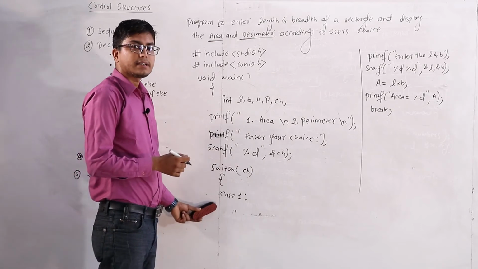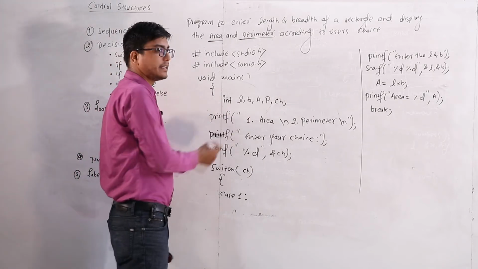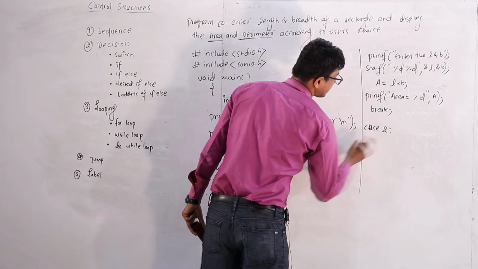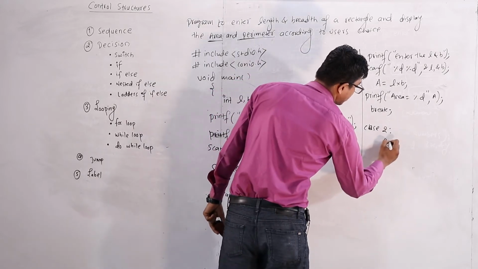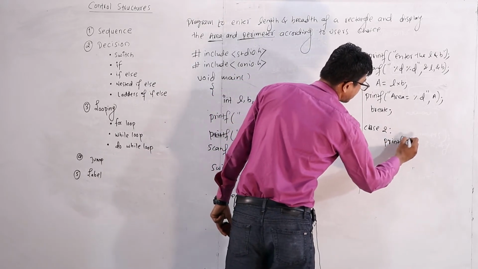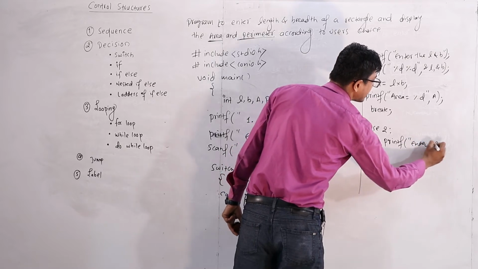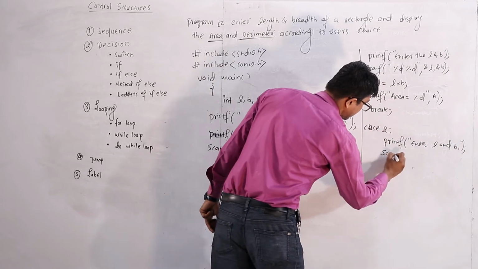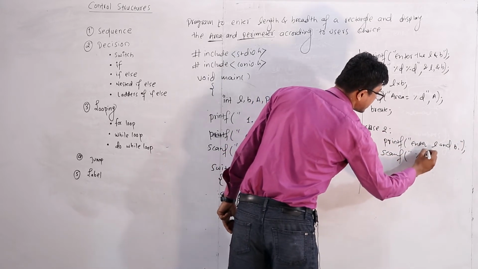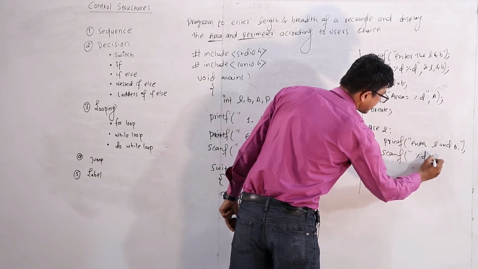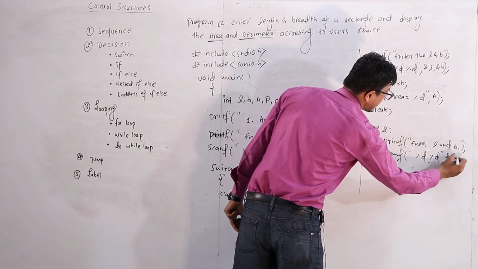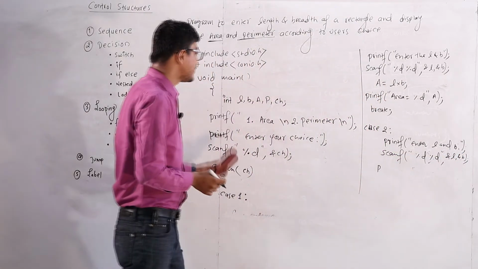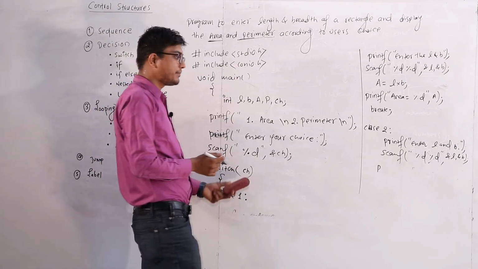Case 1 is finished. Now if there is case 2, if the value of CH is 2: printf "enter L and B", scanf %d %d, L and B. If the value of switch CH is 2, we have to find the perimeter.